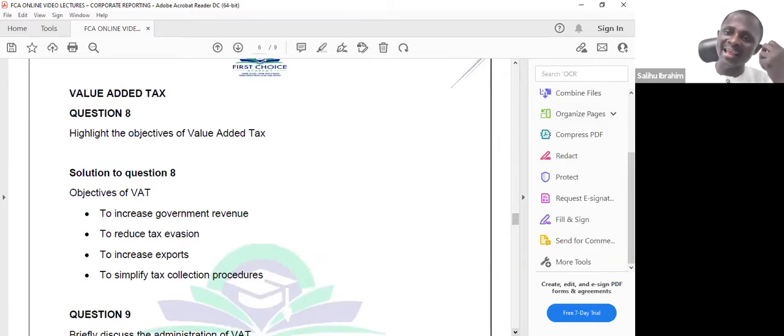But when you are exporting, there is no export duty. Why? Because government is encouraging export. So we need more exportation than importation in order to manage our balance of payments. I believe you know what balance of payment is. Balance of payment is the difference between the monetary value of your exported goods and services and your imported goods and services.